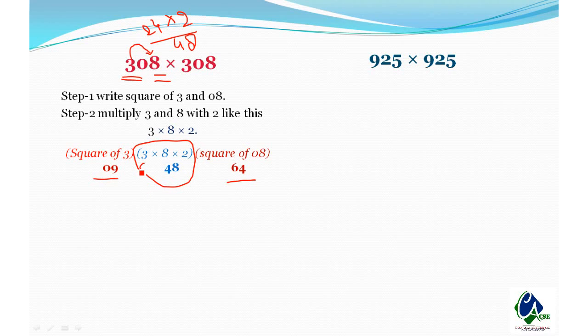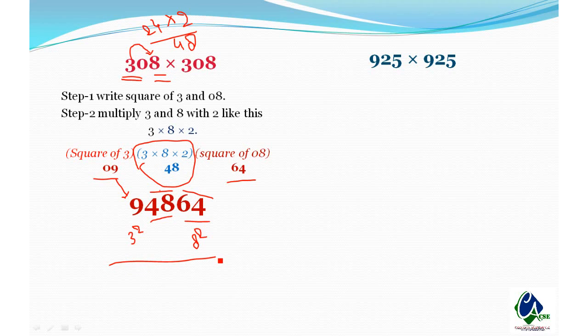And the square of 308 is 9, 48 and 64. Square of 3, square of 8, and this is the multiplication of 3, 8 and 2. Friends, the important thing is there is no carry.